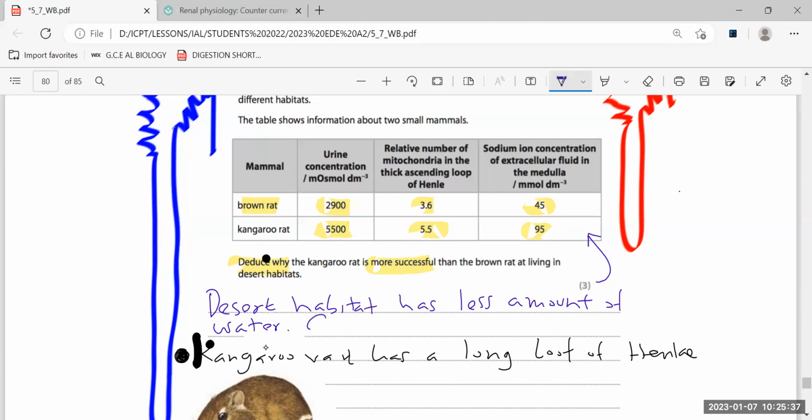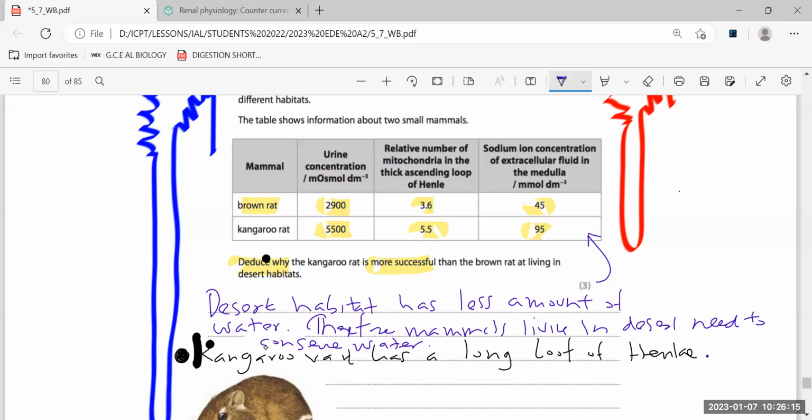Therefore, mammals living in the desert need to conserve water. And the kangaroo rat has a long loop of Henle. Now this is the introduction part for this question.